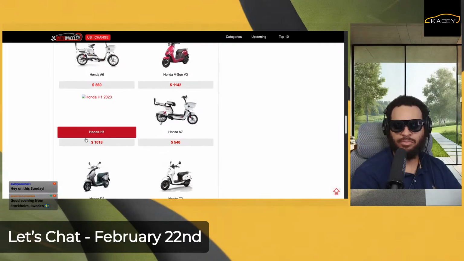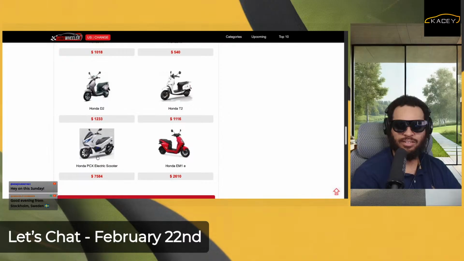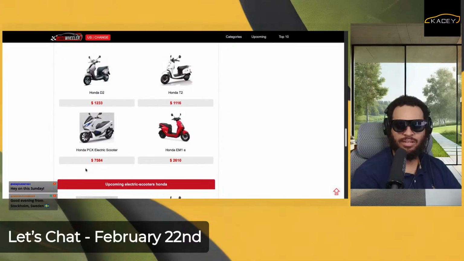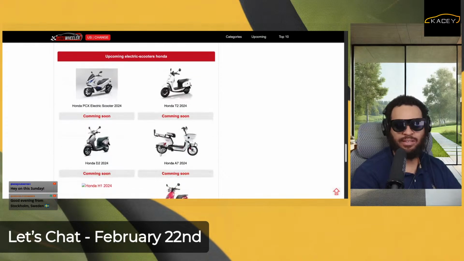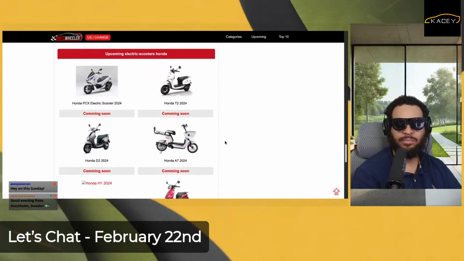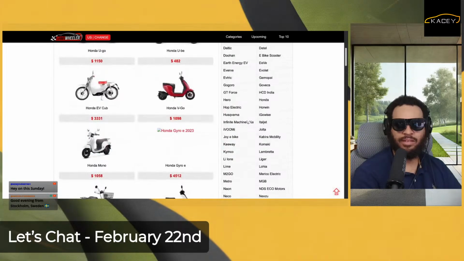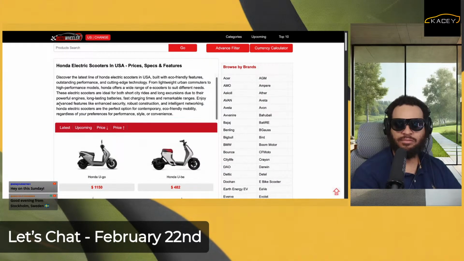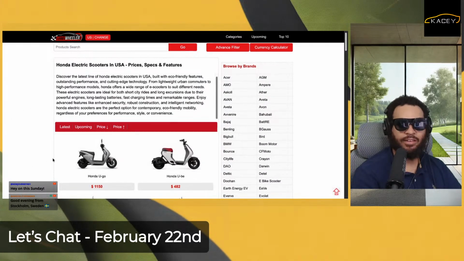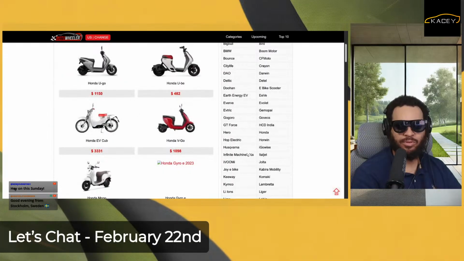The reason they don't have a picture might be because it's out of production. D2, T2, PCX electric scooter, the EM1E, and then the upcoming, they've got all these. Okay. So they've got themselves a lineup if you're into mopeds. But again, only one is the cheapest.